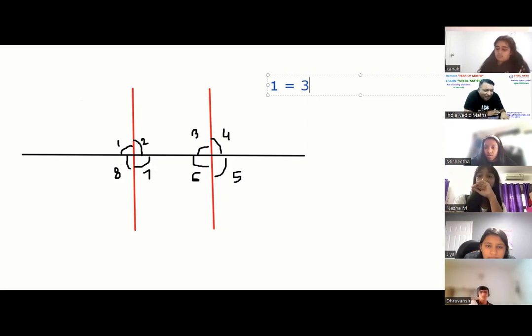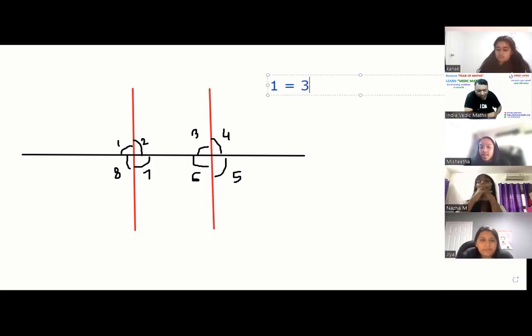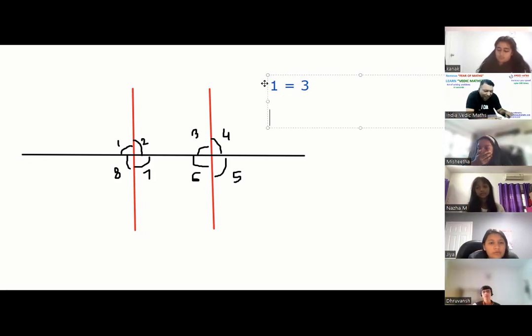Why are angle 1 and angle 3 corresponding angles? Nishita? Because they are on the same side, like both are on the left and both are on the top. And they are both equal. They will always be equal. But they are corresponding because they are on the same side. Tell me, Jia, which angle is corresponding to angle 6? Think about it.